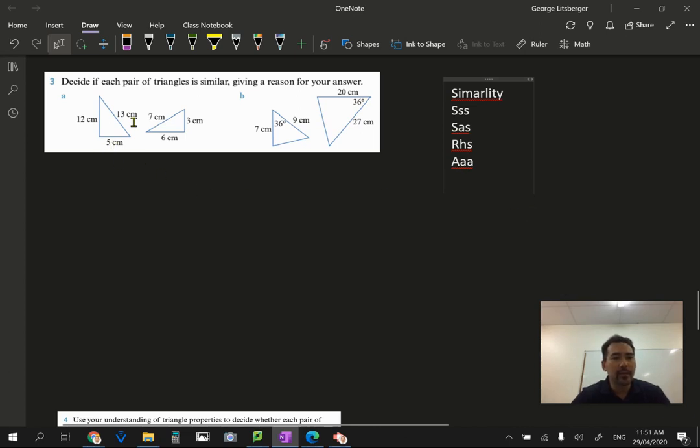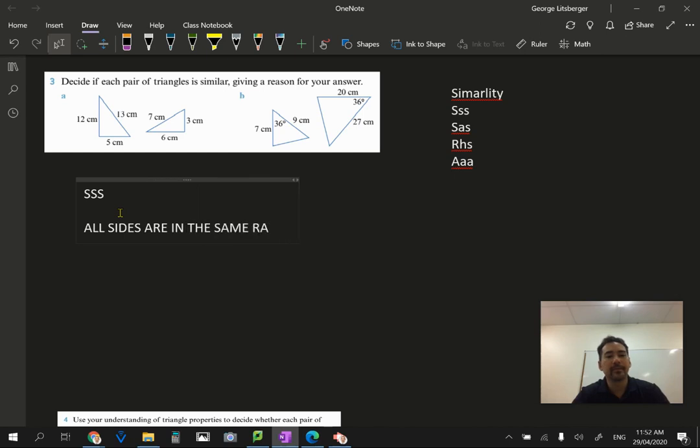Right, so let's have a look at here. Well, obviously we've got 3 sides on the left triangle, we've got 3 sides on the right-hand triangle, so this is definitely going to be a case of the SSS rule. However, to make this work, we have to show that all sides are in the same ratio. Okay, so let's do that. Right, pick the smallest side.